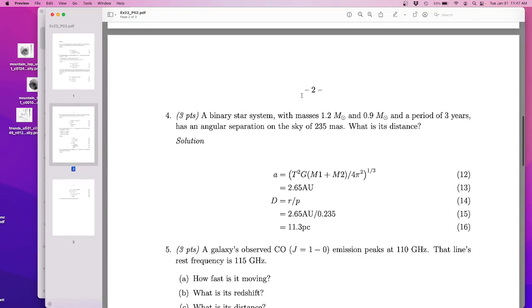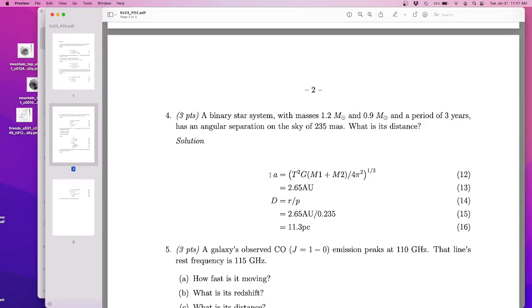Okay, a binary system with masses 1.2 and 0.9 has a period of 3 years and an angular separation of 235 milliarc seconds. What's its distance? You watch your units better.